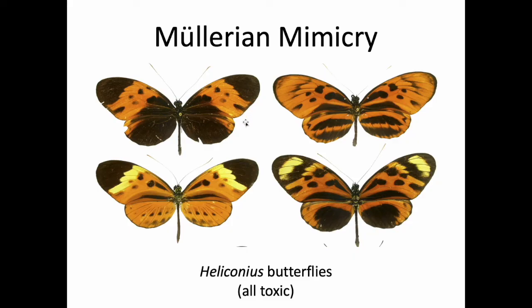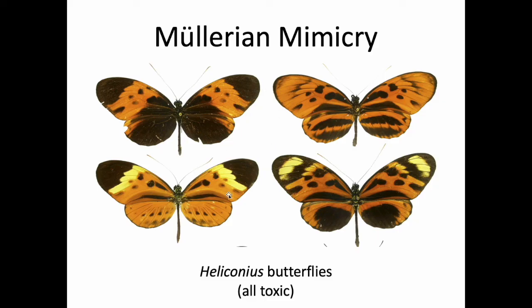So these are different species of Heliconius butterflies, and just like the monarch, they're toxic. Don't eat these things. All four of these different species, they look very similar. They are four different species with different ways they feed and lifestyles and stuff like that. They have evolved to look like one another so they could reinforce the message that black and orange is bad times.